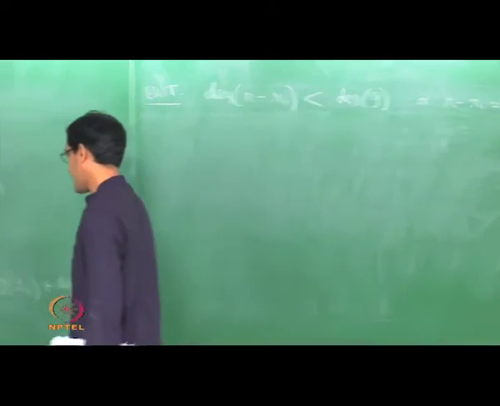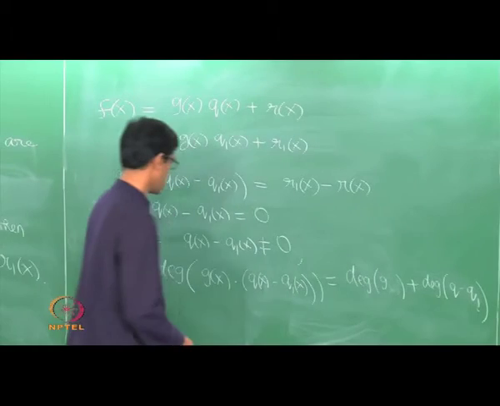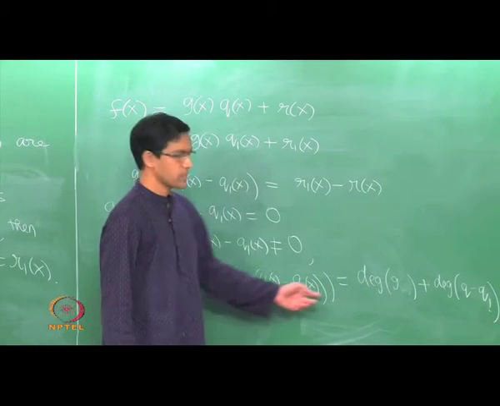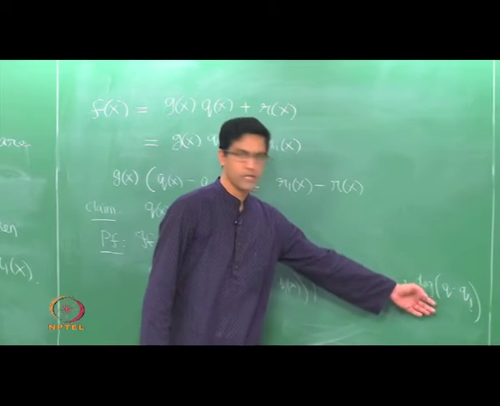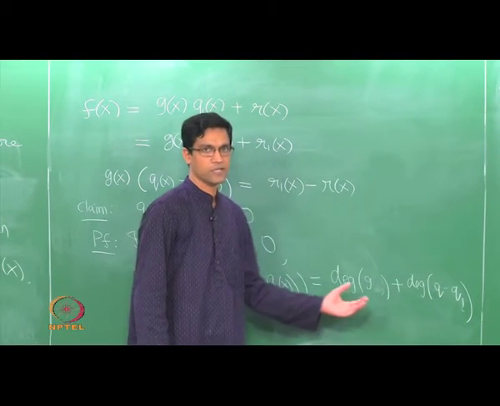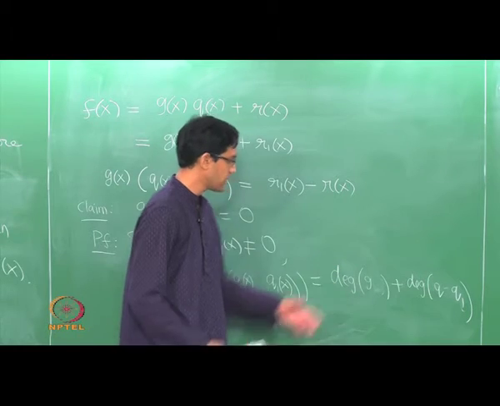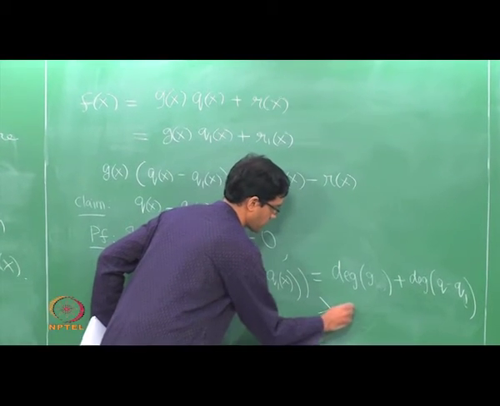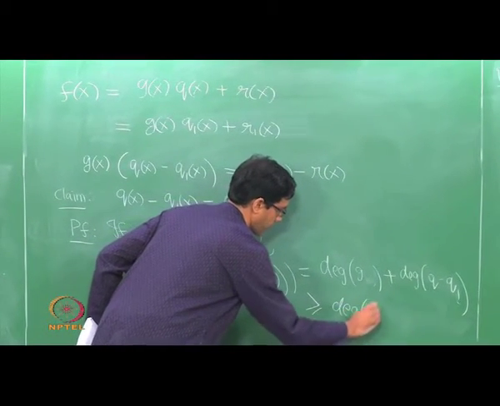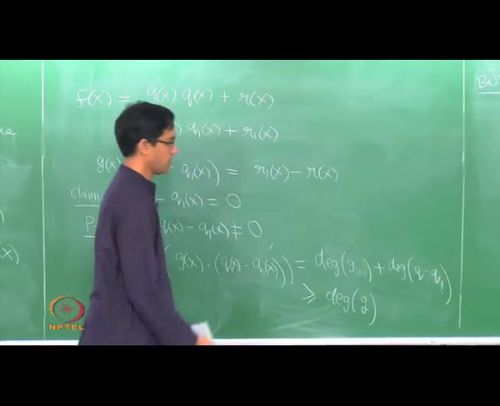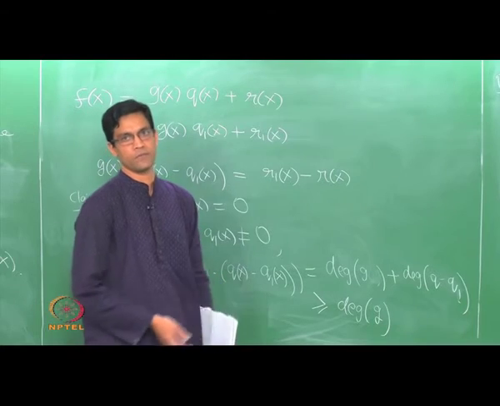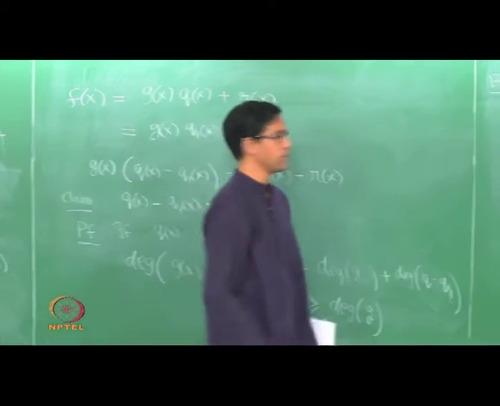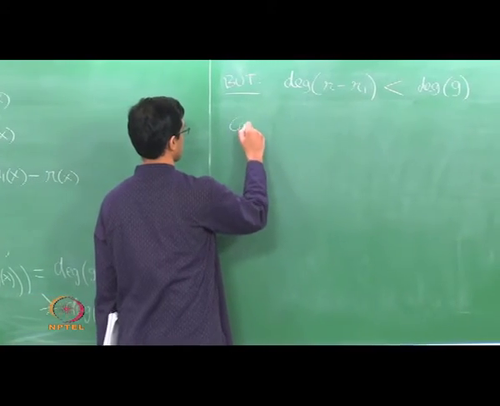But notice that we already have a contradiction, because on the one hand the left hand side has degree equal to the degree of g plus the degree of something. So the left hand side has degree at least the degree of g, whereas the right hand side has degree strictly smaller than the degree of g. So these two things could not possibly be equal. So that is a contradiction.